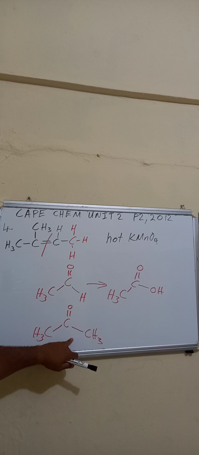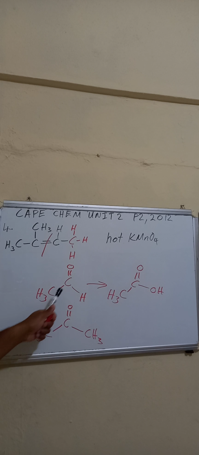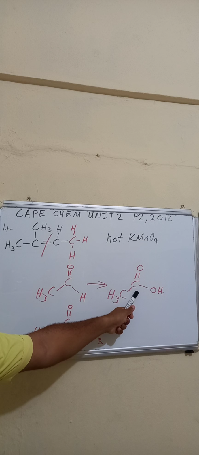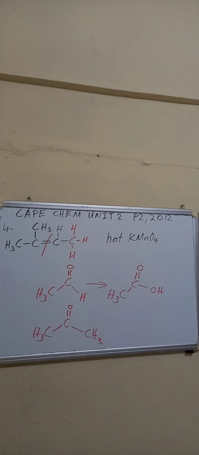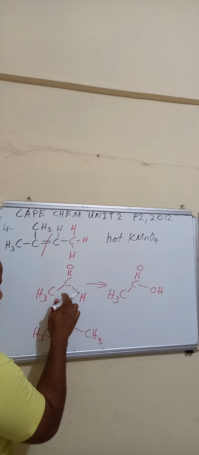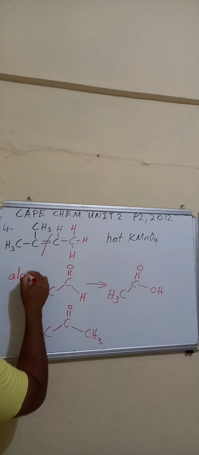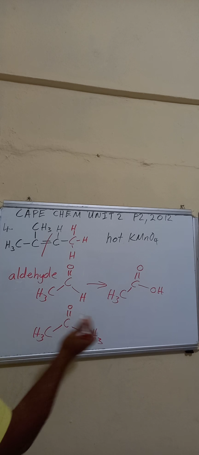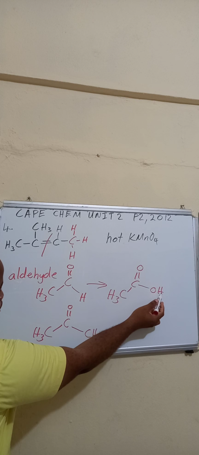And it stops at the ketone. If you get the aldehyde, it will be further oxidized to the carboxylic acid. All you are doing for the carboxylic acid, the only difference from the aldehyde, is you have an OH bond instead of the H.